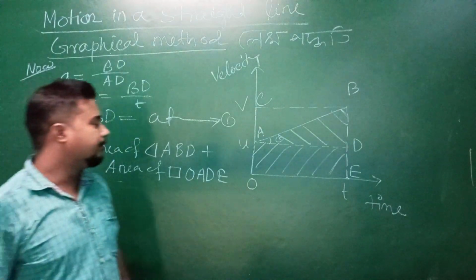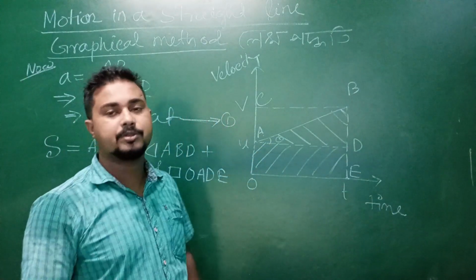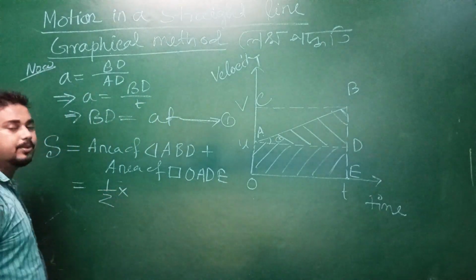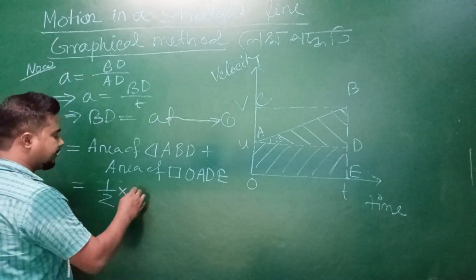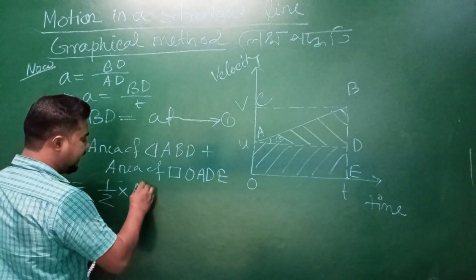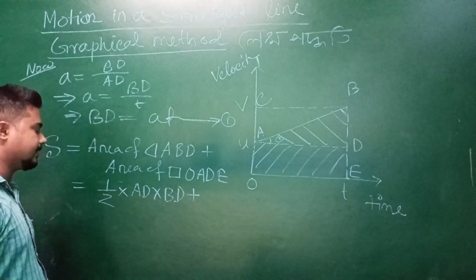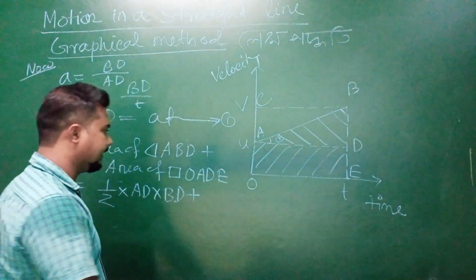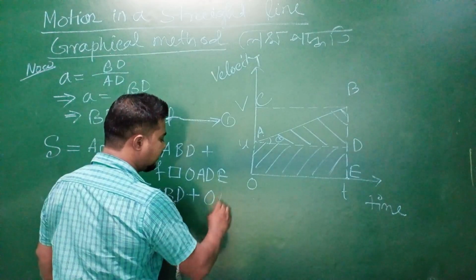Now if we try to find out the area of the triangle ABD, it will be half into base into height, means half into AD into BD, plus area of the rectangle OADE, which will be OA into OE.